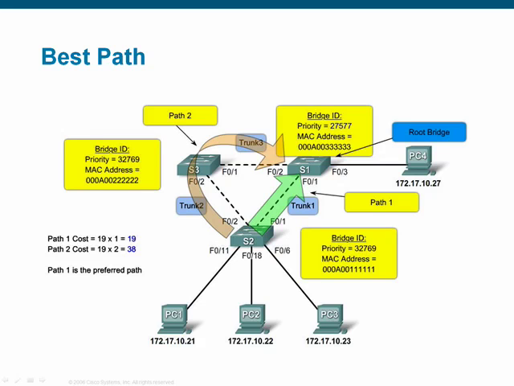However, STP uses the cost values of these trunks to make its decision on the best path. Because the links are 100 megabit per second Ethernet, each trunk has a cost of 19. When the two different paths' costs are calculated, path 1 is determined to be the preferred path because of its lower cost value, which is 19, compared to path 2, which has a cost of 38.